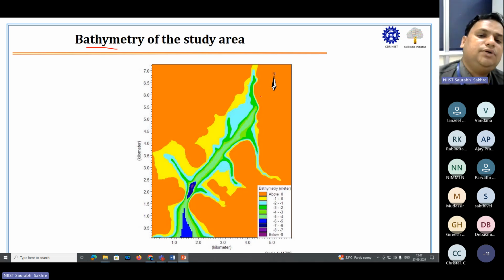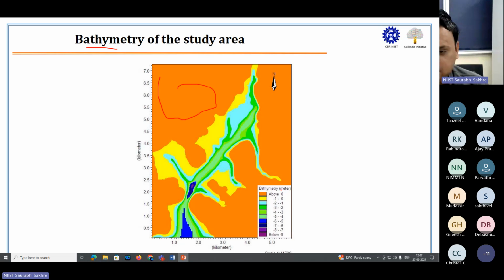Someone was asking us a few days before whether with remote sensing we can measure the depth or not. So I would like to again convey that for bathymetry, instruments are there and using those instruments only we need to measure. The orange area you are seeing is above 0, means that is land. And from here the creek is starting, the yellow one.